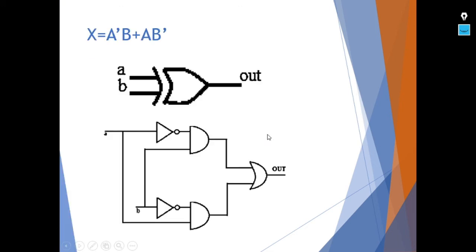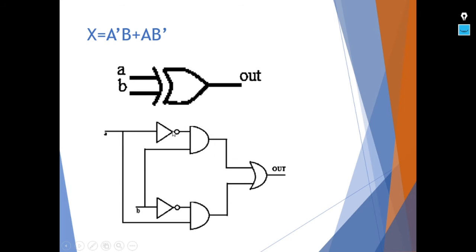We have seen the XOR operation is A XOR B, that is A bar B plus AB bar. Here A and B are the inputs to the circuit. A is inverted and connected to this AND gate. Here B is inverted and connected to this AND gate. Actually, this is the implementation of the XOR gate.